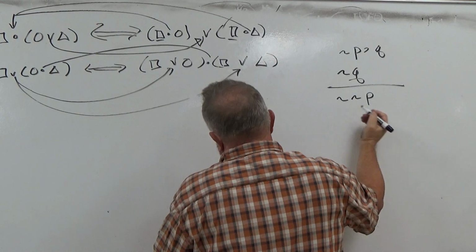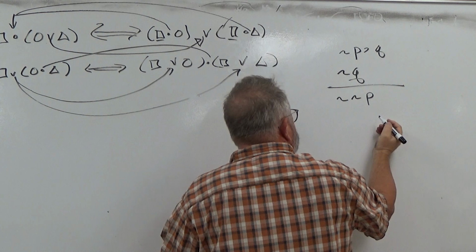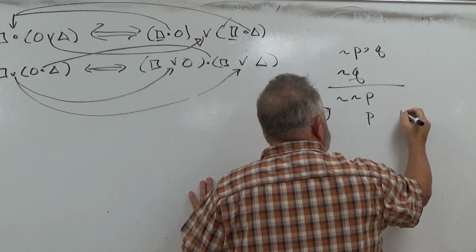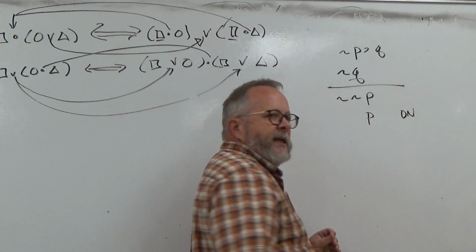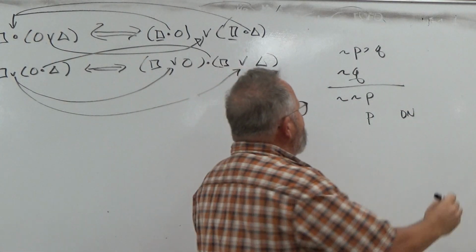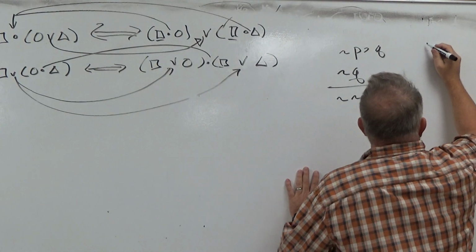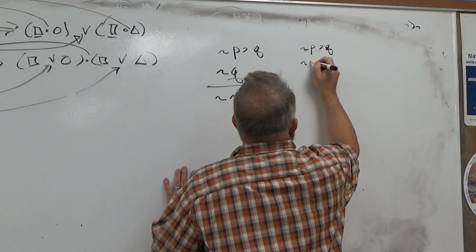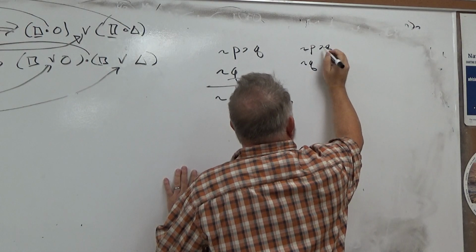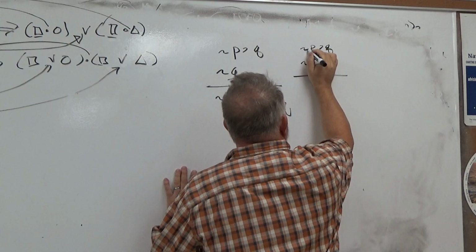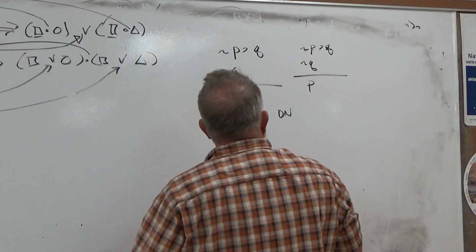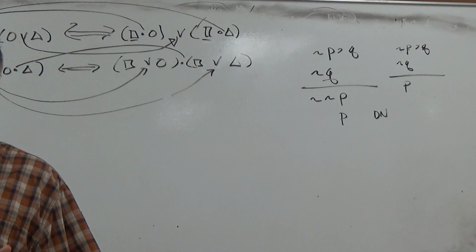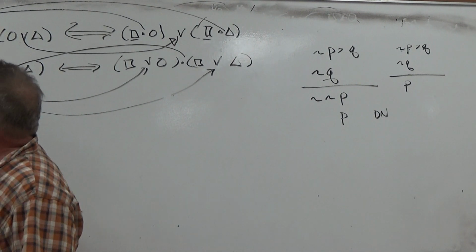And so other books, other systems will say, so since we have not P, we can say P by the rule double negation, right? But we define modus tollens such that we can do this, not P, then Q, not Q. This is the opposite of that, so we get the opposite of this, and the opposite of that is just P. So we bypass the need for double negation because of this notation.